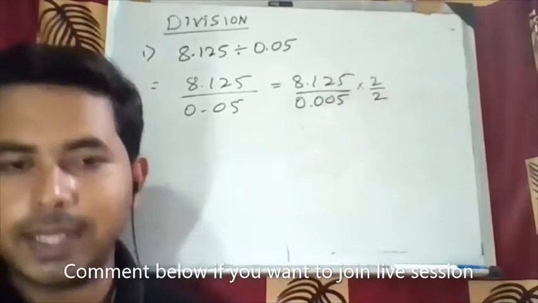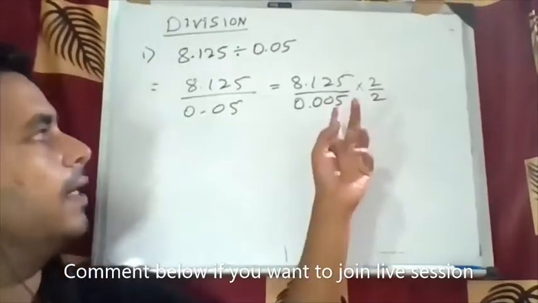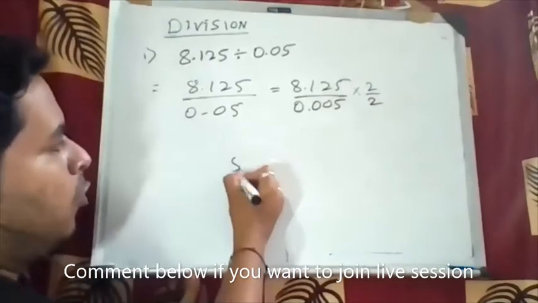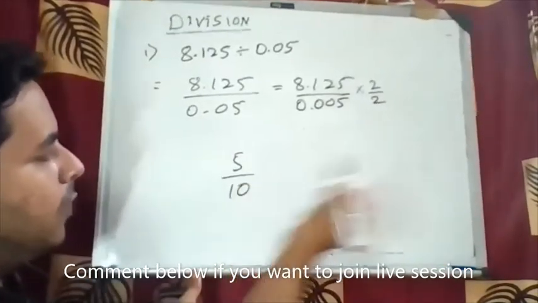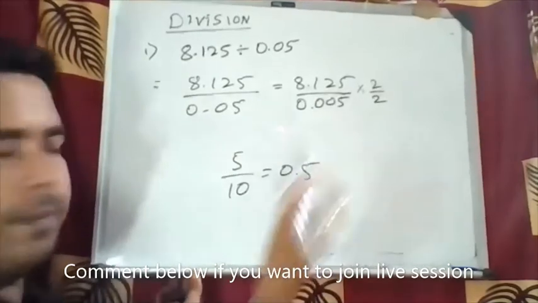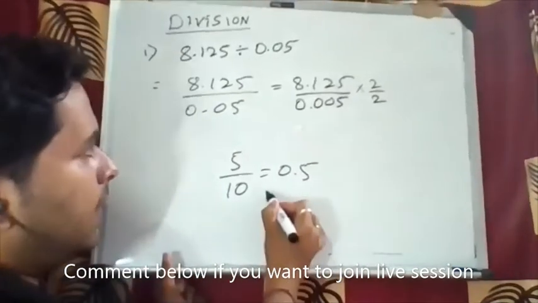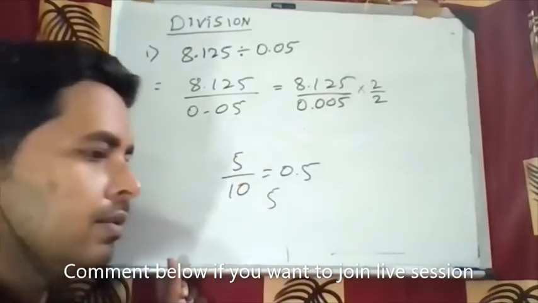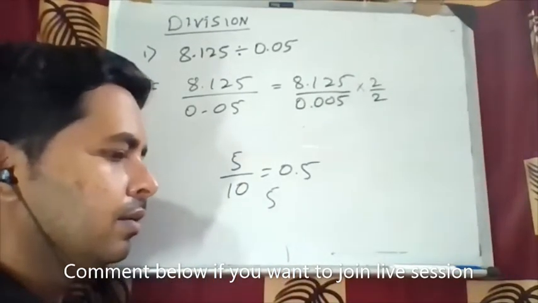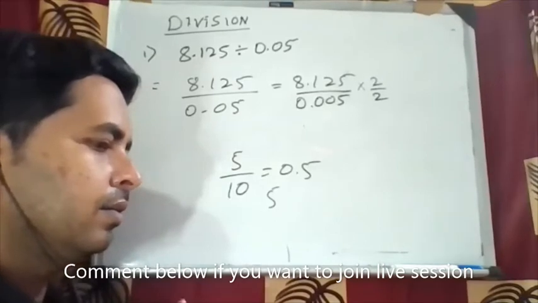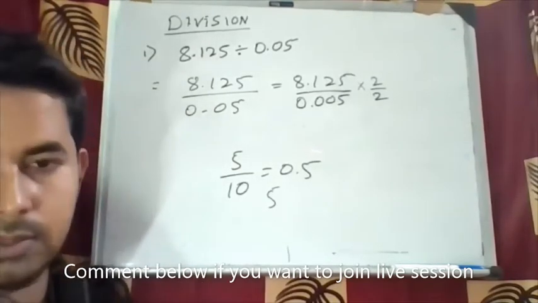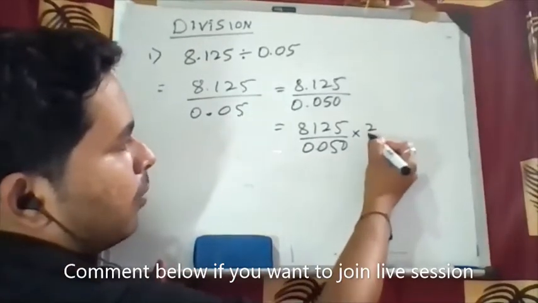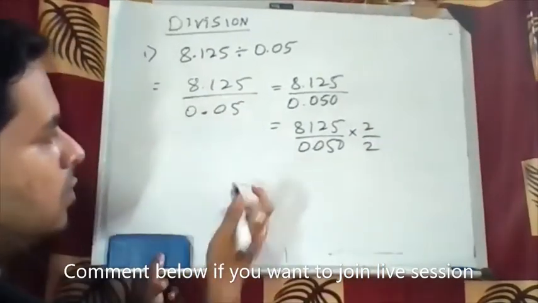So what will happen? 5 into 2 is 10. 10 means you can easily make any value. If the upper value is something and the lower value is 10, I can directly write 0.5. So 050 will come. Now I'll multiply above and below by 2.